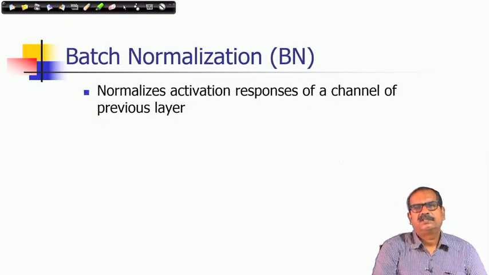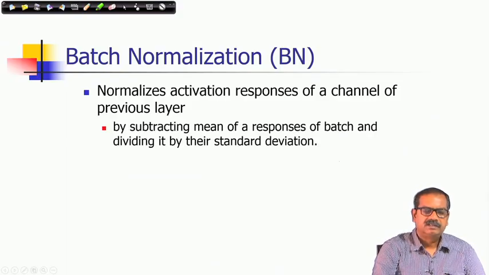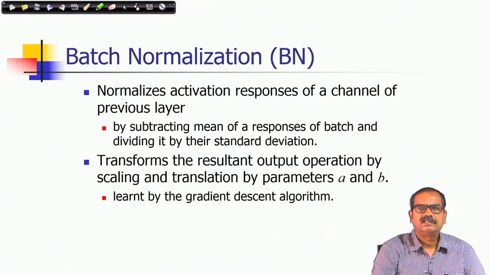Let me elaborate a little bit about this computation. As I mentioned, it normalizes activation responses of a channel of the previous layer. And how does this normalization work? It subtracts the mean of responses of a batch and divides by their standard deviation, and transforms the resultant output by scaling and translation with parameters A and B. In fact, these are also learned by the gradient descent algorithm.